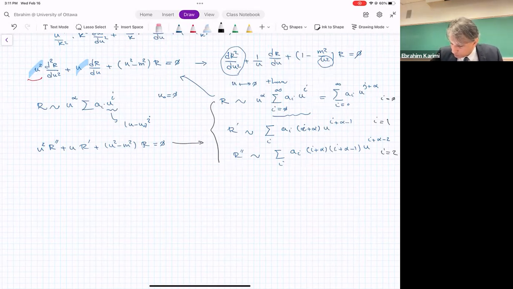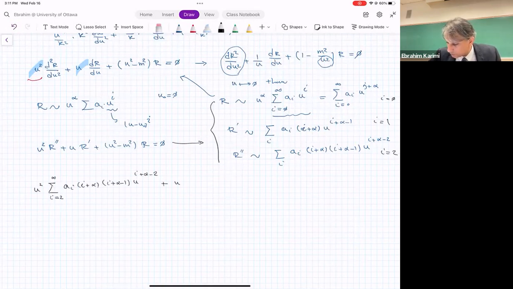Now let's substitute them here. It will be u squared, summation of i, remember, i starts from 2 to infinity, ai, i plus alpha, i plus alpha minus 1, u power of i plus alpha minus 2.